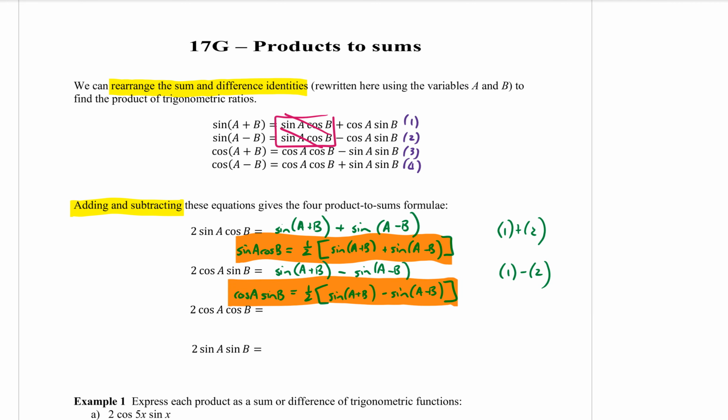The third one, 2 cos A cos B, we're going to get from the third and fourth equation.